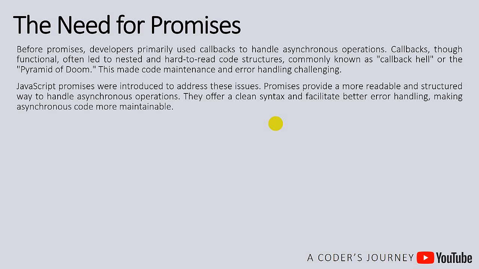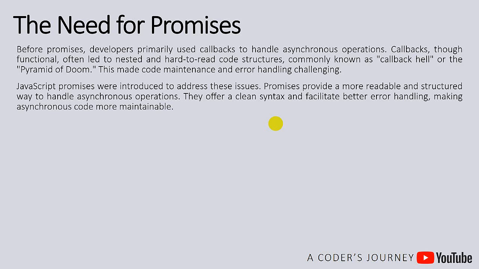I told you that one of the biggest challenges of using callbacks is that your code gets a lot of indentation when you are chaining those callbacks to one another. Promises resolve this challenge effectively. Even if you chain promises to one another, you will not see indentation. So your code will remain clean and very easy to understand and reason about.